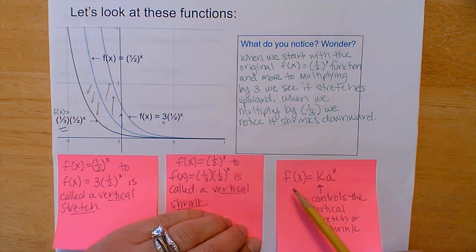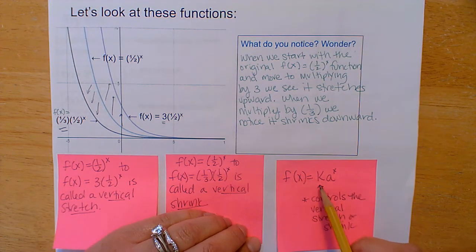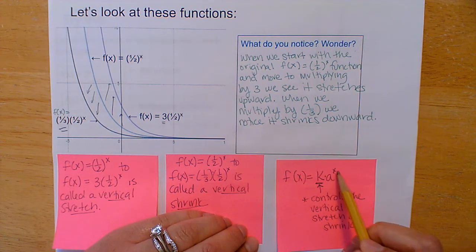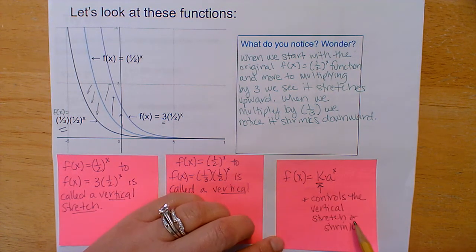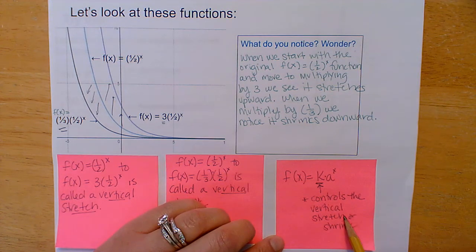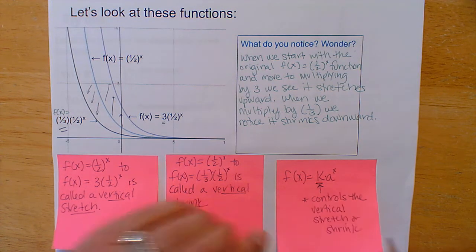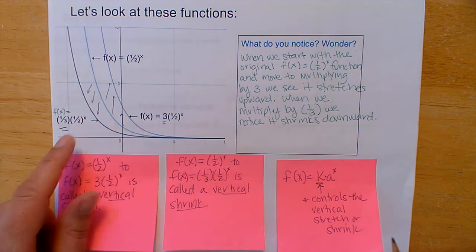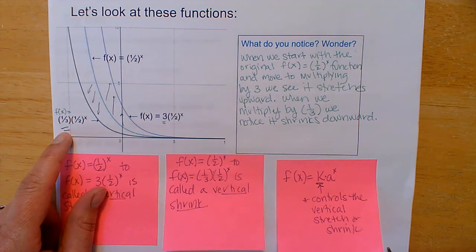This means that when we include a number times our a to the x, it controls the vertical stretch or vertical shrink. So when this number is 3, it's going to stretch. When it's 1/3, it will shrink.